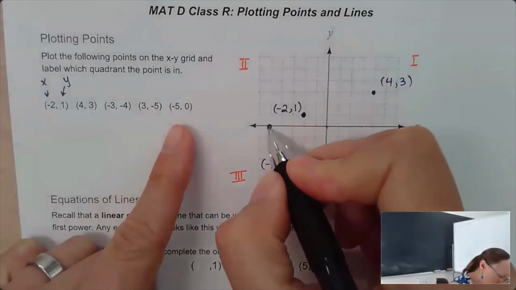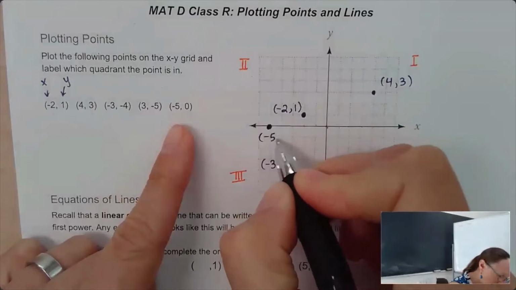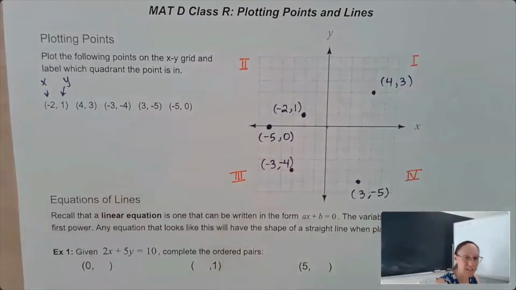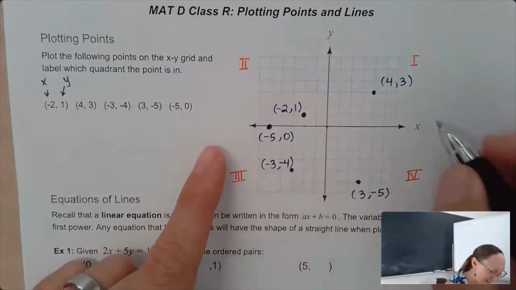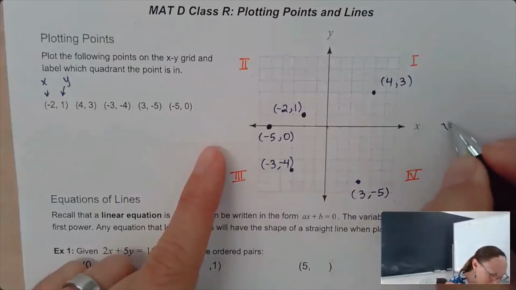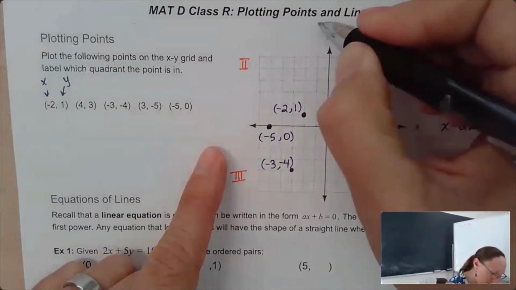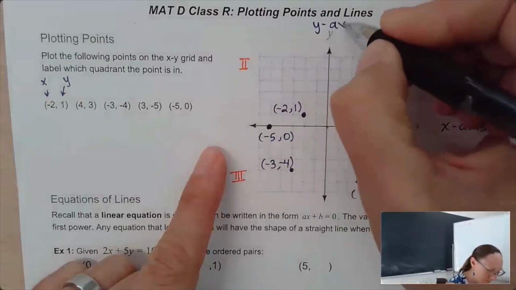So this ends up being right here. And we refer to this horizontal line as the X-axis. And this vertical line is my Y-axis.